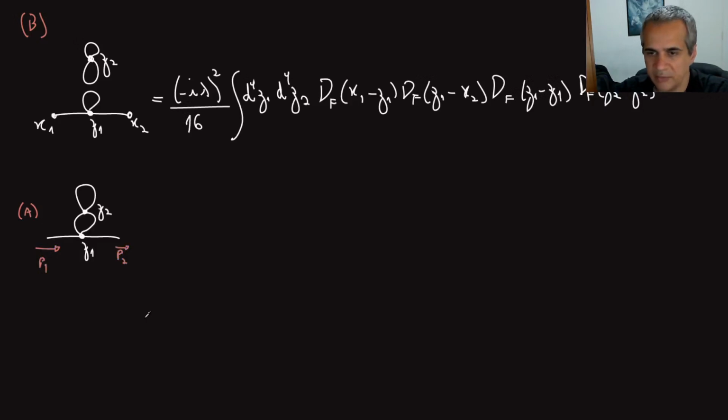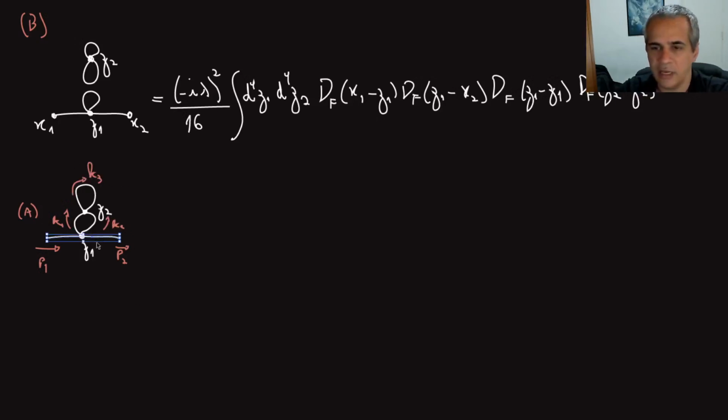So it is an intermediate step. Let me write the momenta. I'll call this guy K1, this one K2, and this one K3, with those orientations.